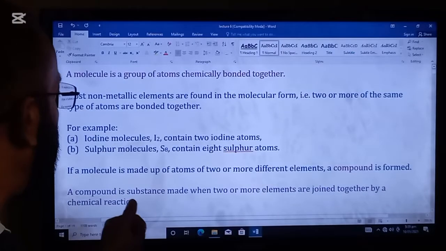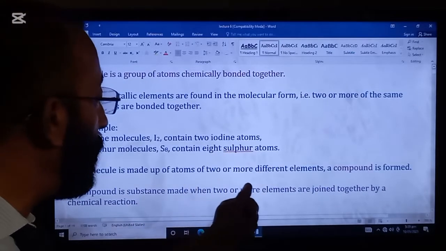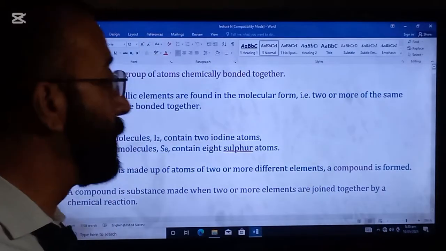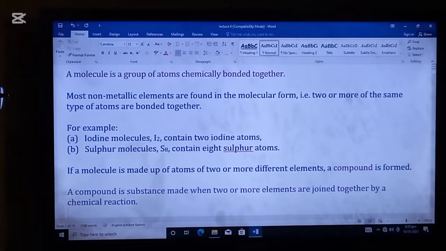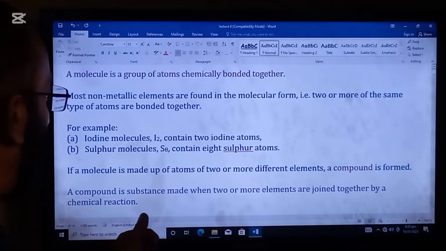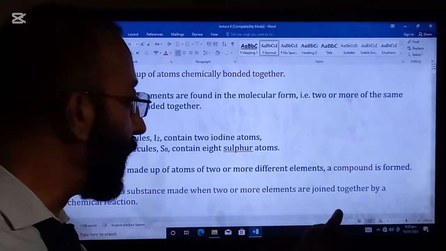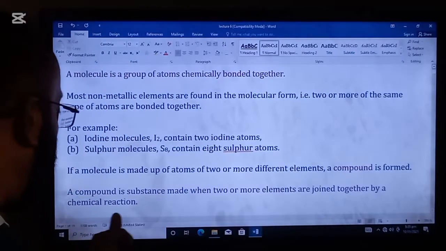If a molecule is made up of the atoms of two or more different elements, a compound is formed. A compound is a substance made when two or more elements are joined together by a chemical reaction.